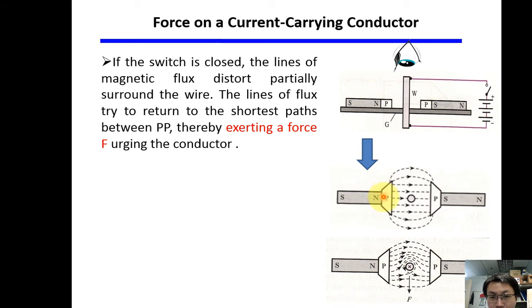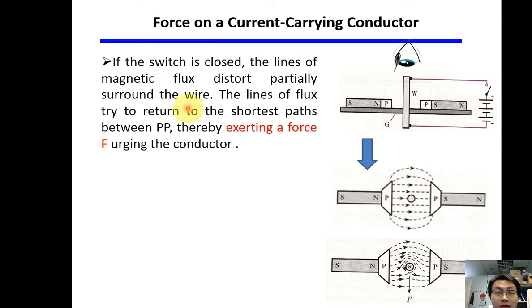North Pole, South Pole, and so on. This is just to enlarge the area of the magnetic flux. We know that the North Pole will flow out and connect to the South Pole, right? And then this is our conductor. If the switch is closed, I mean we connect to a battery. Just now, if it is open, there's no current. If it is closed, there will be current.